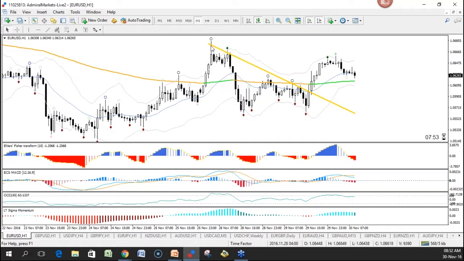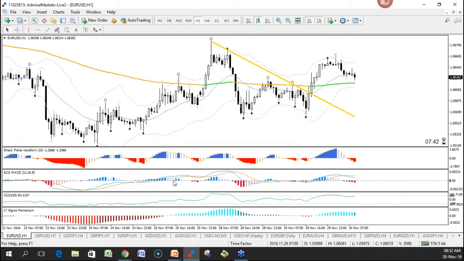So, looking at the euro dollar and the oscillators, I know there are a lot of oscillators here. Forgive me for that, but bear with me as we take a look at some of them, okay? The top one, the Fisher transform, is a jewel. I think it's really great. It reacts very fast, and I think it's great for identifying momentum. The bottom one is momentum.